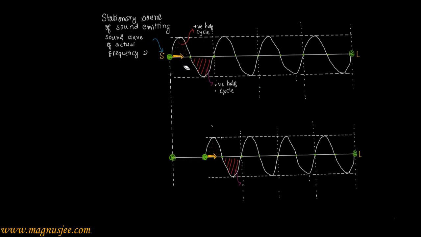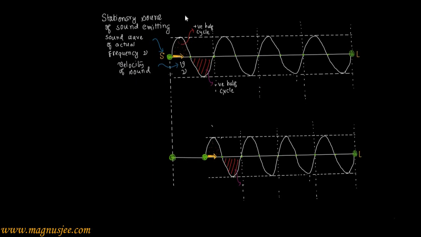And the listener is also at rest, or stationary. V is the velocity with which the sound wave propagates, and nu is the actual frequency of the sound wave emitted by the stationary source of sound.